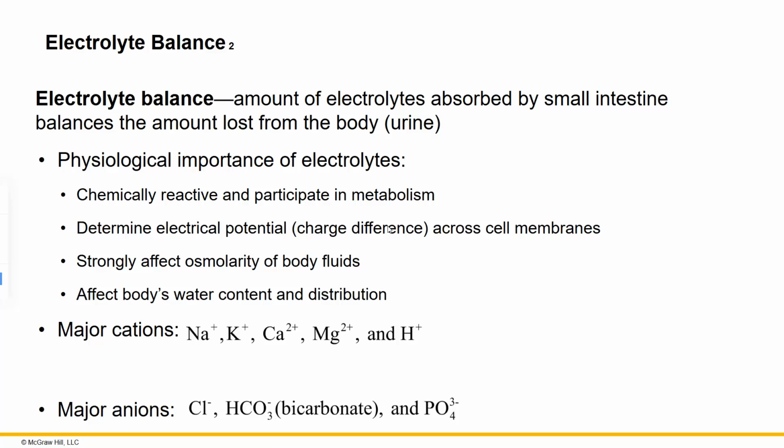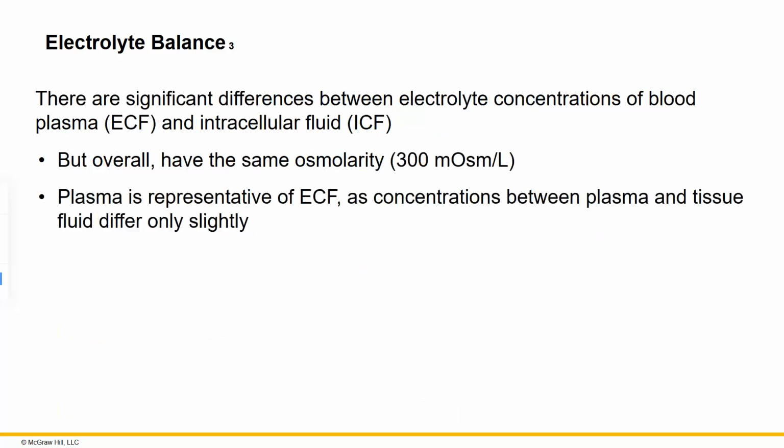The amount of electrolytes absorbed by the small intestine balances the amount lost from the body in the urinary system. The physiological importance of electrolytes: they are chemically reactive and participate in metabolism, determine electrical potential or charge difference across cell membranes, strongly affect the osmolarity of body fluids, and affect the body's water content and distribution.